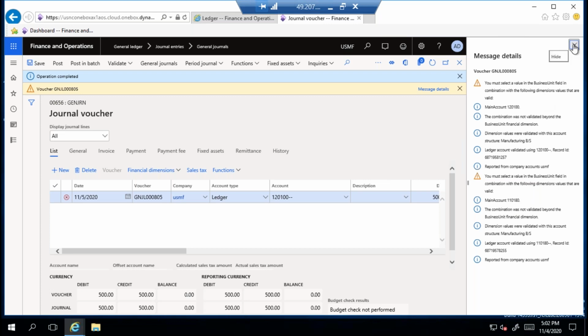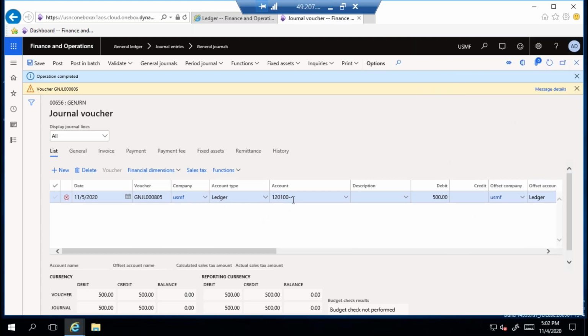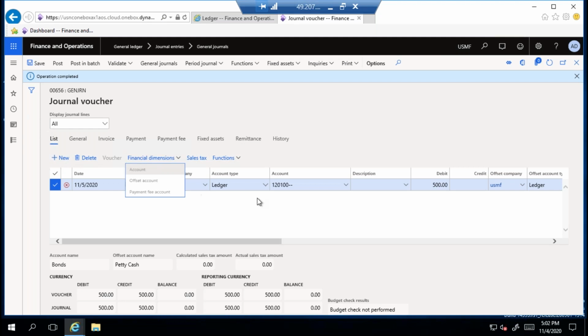Okay, now the system is telling business unit. If it is other than ledger type, like customer, vendor or anything, then it will not show here. You need to go to financial dimensions. But if it is a ledger, you can enter immediately here itself.